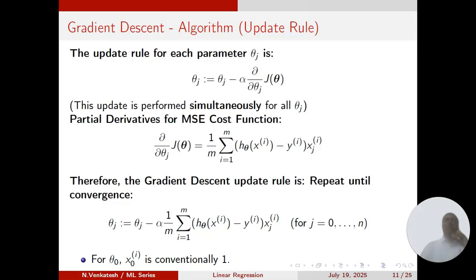If you recall the definition of error, that is actually the difference between predicted and actual value. Now if you take the sum over all training examples, the total error is this factor, and if you multiply that with the xj value, that is the factor that you need to subtract from theta j to update the theta j value.